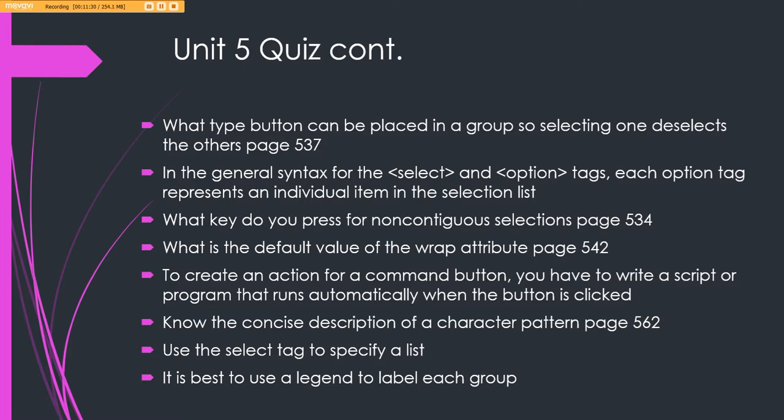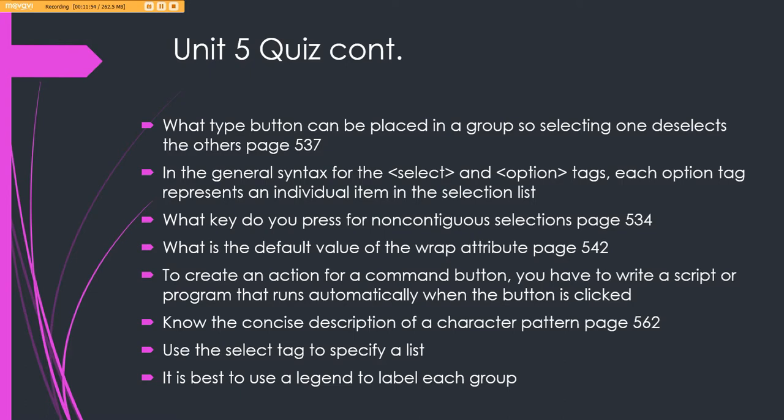Page 537. In the general syntax for the select and option tags, each option tag represents an individual item in the selection list. What key do you press for non-contiguous selections? Page 534. What is the default value of the wrap attribute?